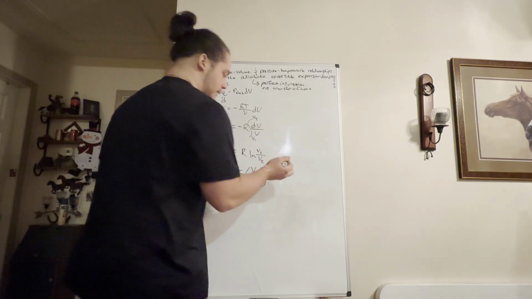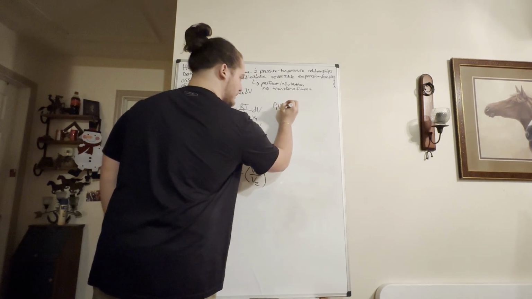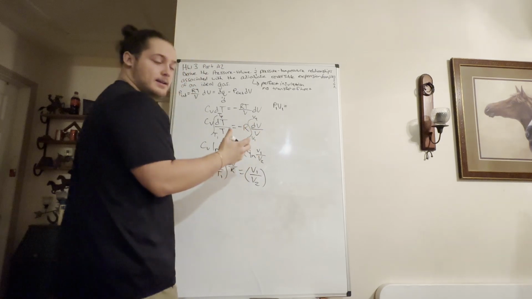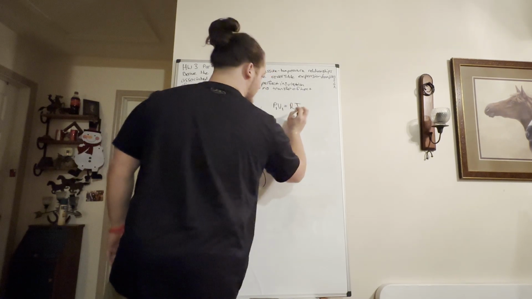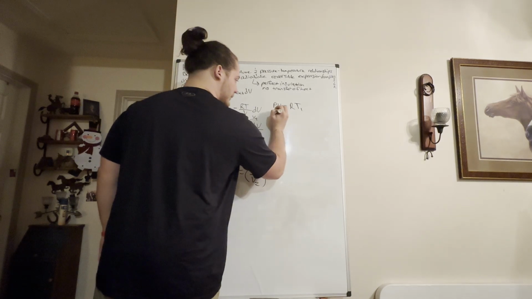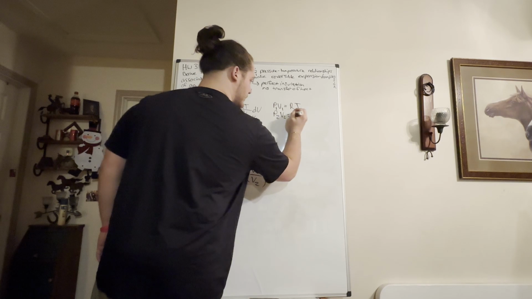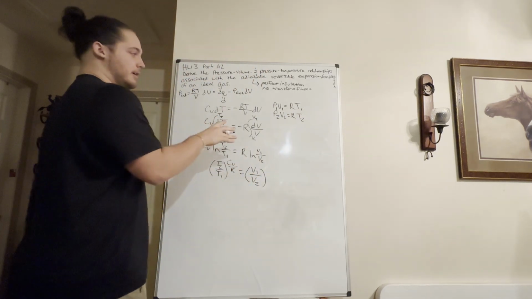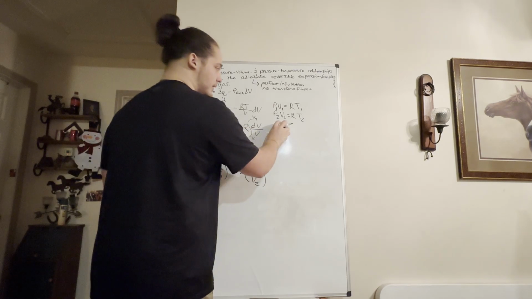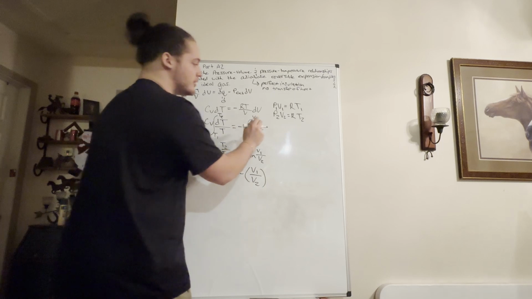Next, we are going to try to get our expression into terms of pressure and volume. So we can write P1 V1 equal to R times T1, and P2 V2 equal to R times T2. So now from here, we can get expressions for our first temperature and second temperature.